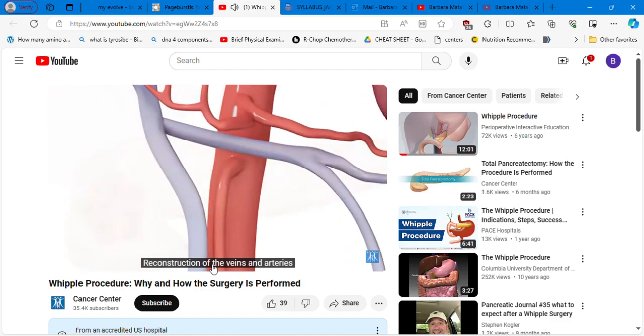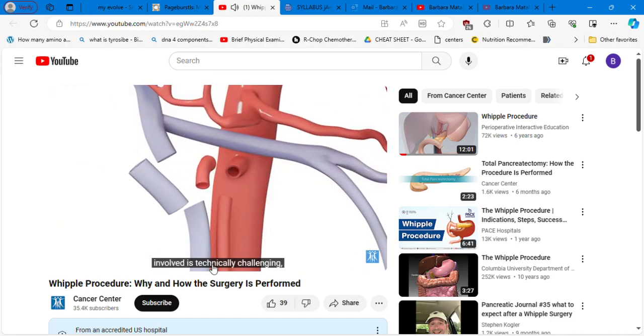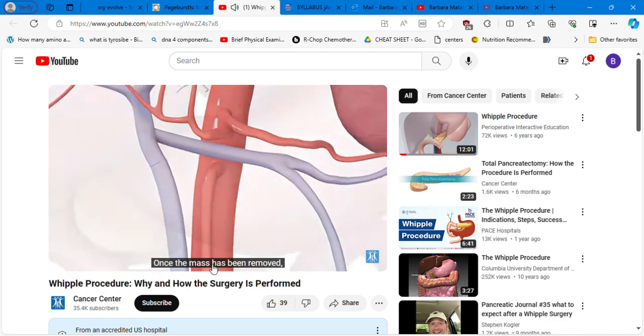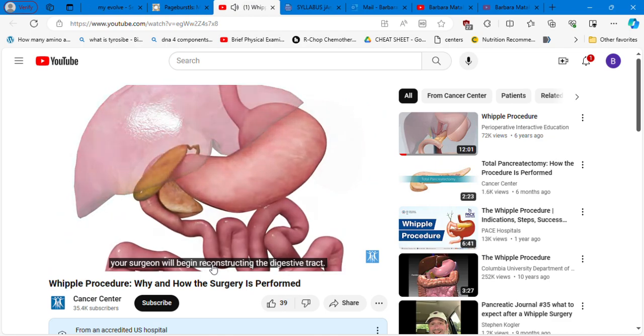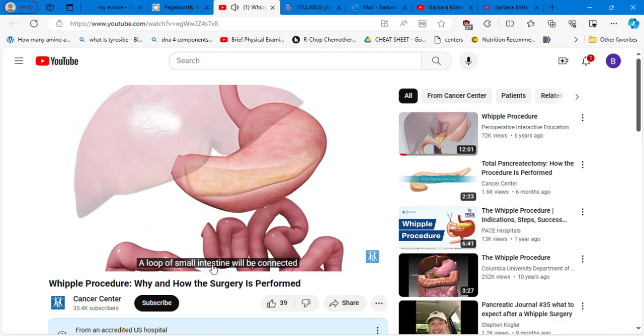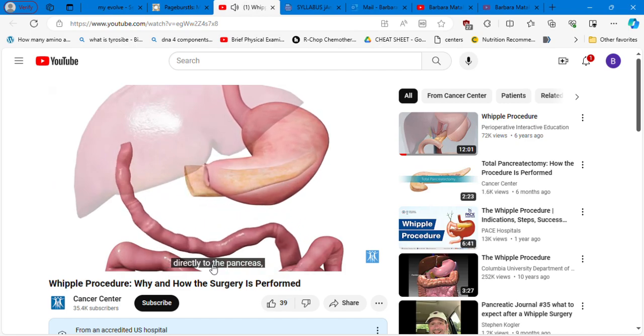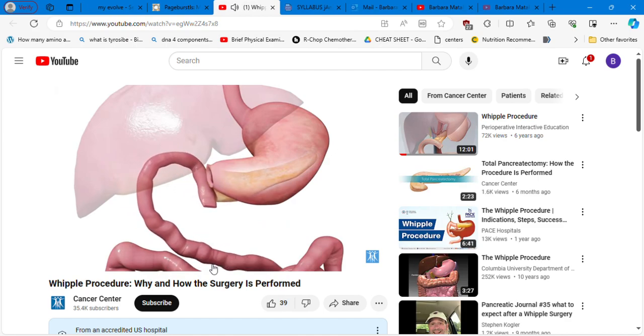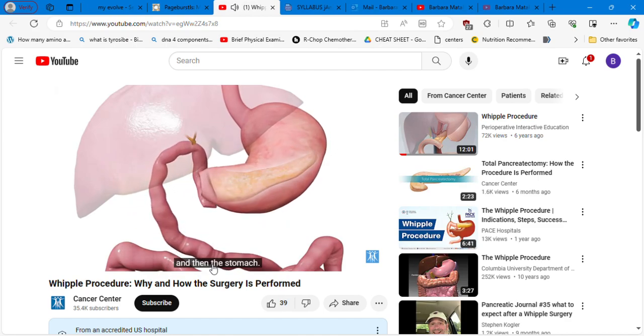Reconstruction of the veins and arteries involved is technically challenging and is evaluated and performed on a case-by-case basis. Once the mass has been removed, your surgeon will begin reconstructing the digestive tract. A loop of small intestine will be connected directly to the pancreas, the common hepatic duct, and then the stomach.